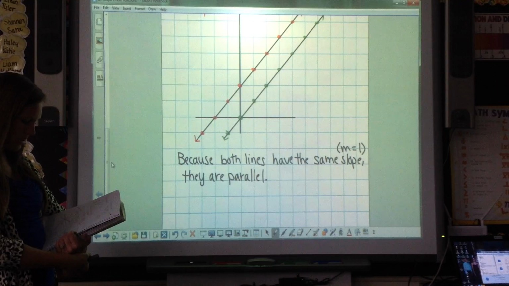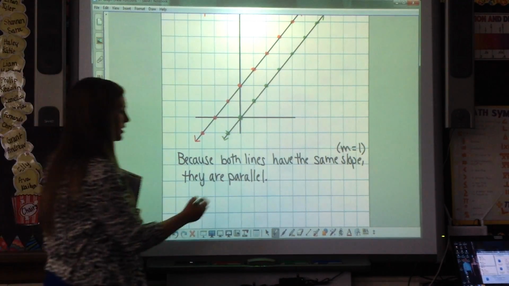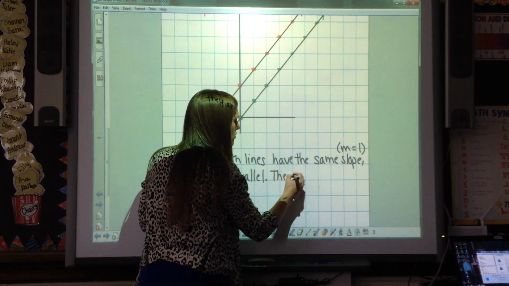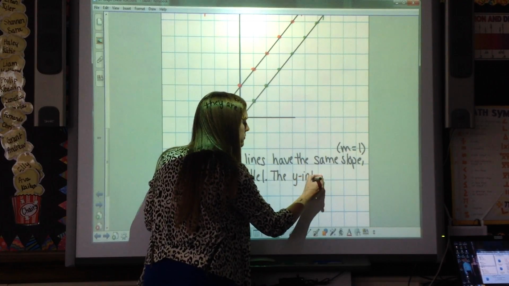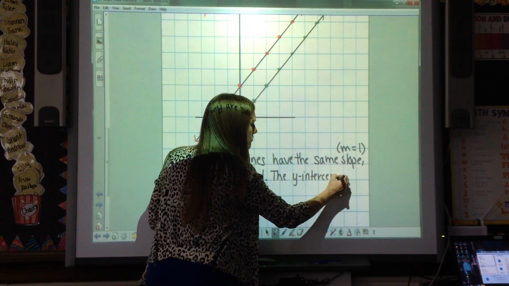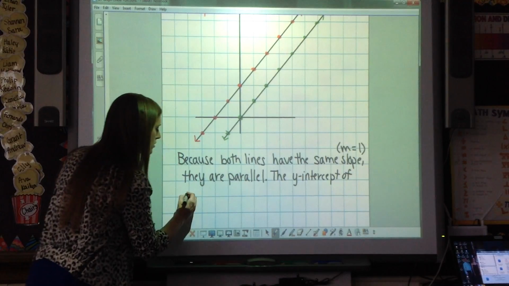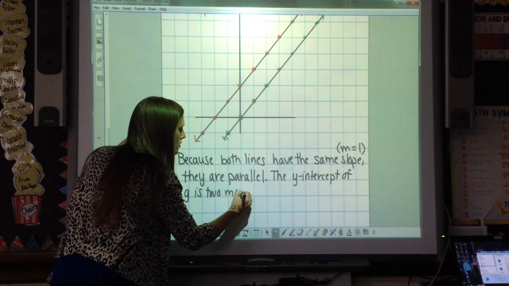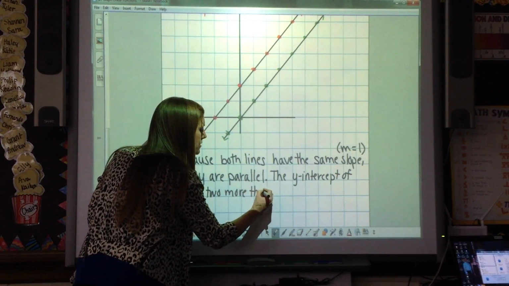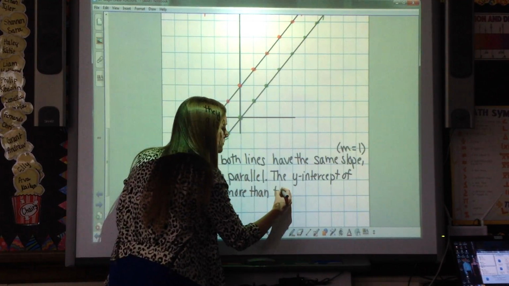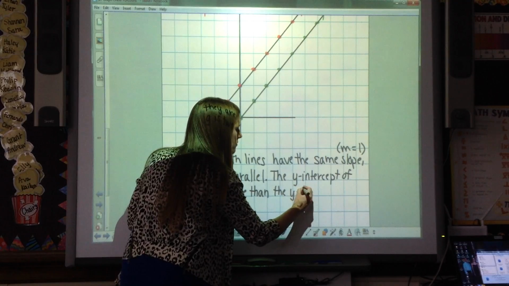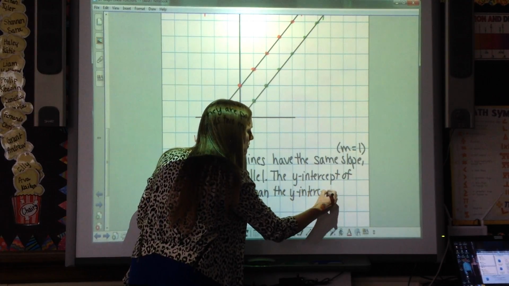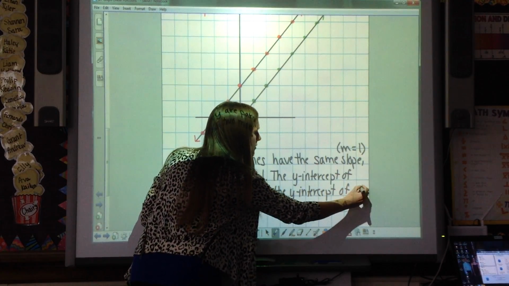So we're going to say the y-intercept of g is 2 more than the y-intercept of f.